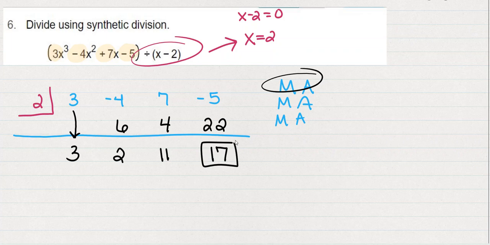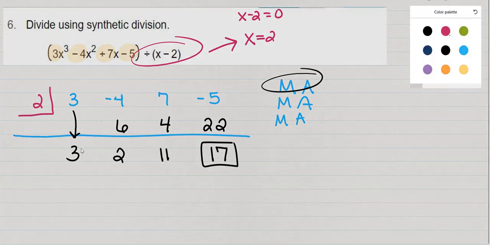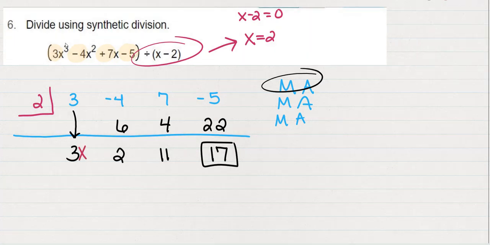And so we can say that this is 3x. I'll go back in and put the x term. I started with an x cubed, and I divided out a linear x, so I know that the quotient is going to be an x squared for the lead term.